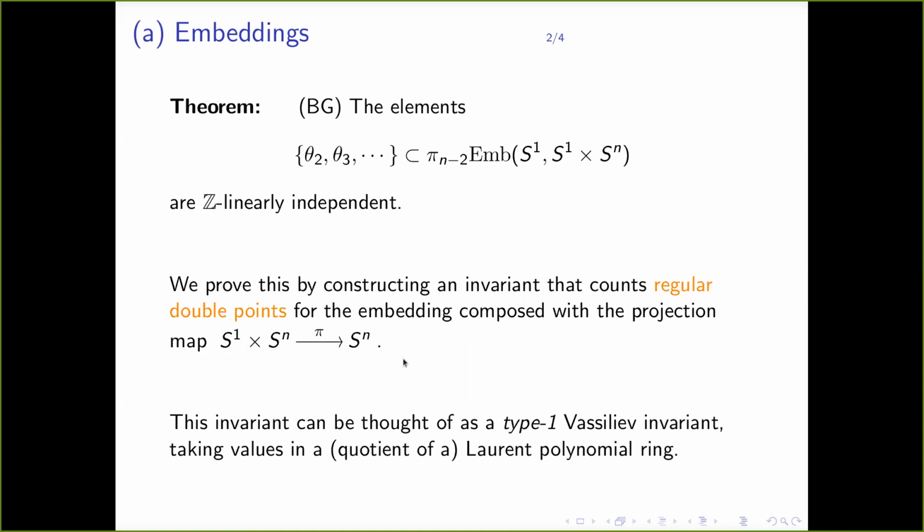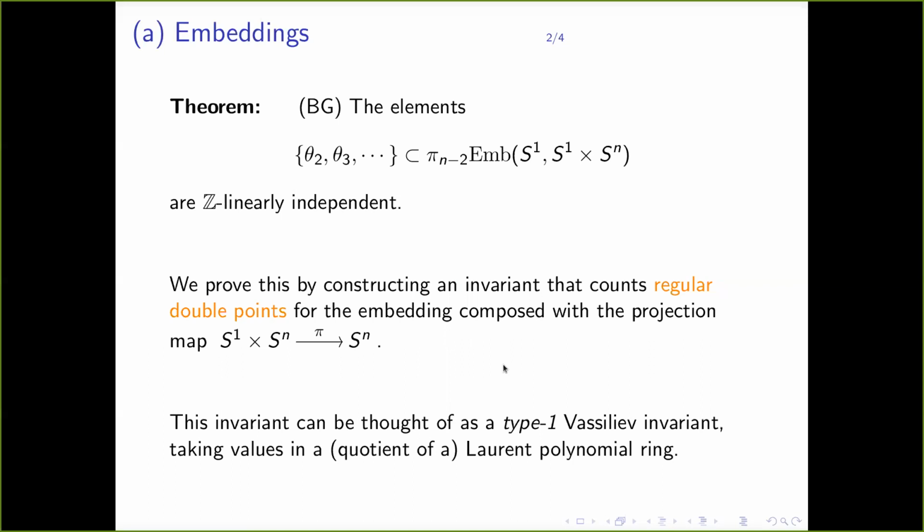This invariant is valued in a Laurent polynomial ring, well, technically a quotient of a Laurent polynomial ring. You could think of it as the type 1 Vassiliev invariant, or if that's too old terminology for you, it comes from the second stage of the Taylor tower for the embedding calculus.